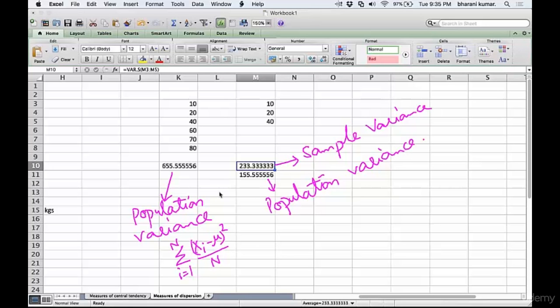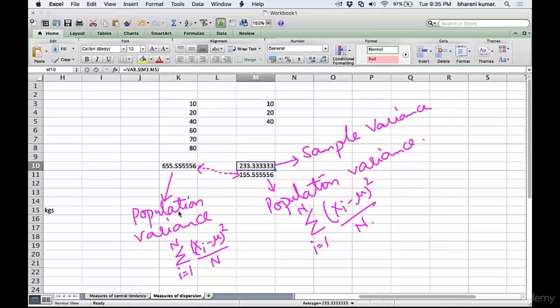What happens here is, in this scenario, population variance will be slightly higher, but when you calculate the variance for a sample using the same formula, I've employed the same formula here, you see that there is a huge difference.